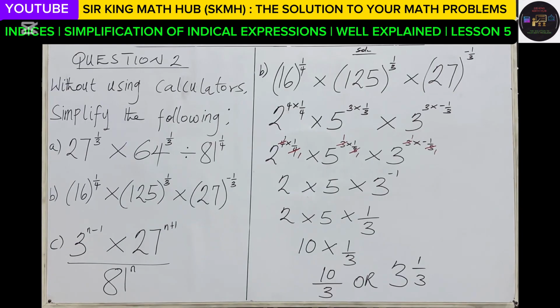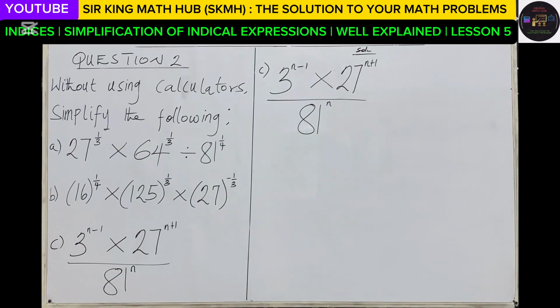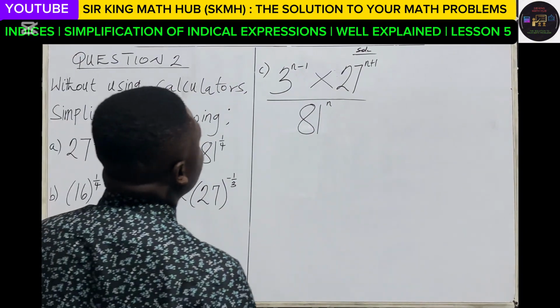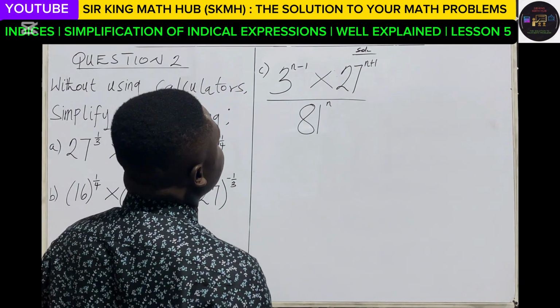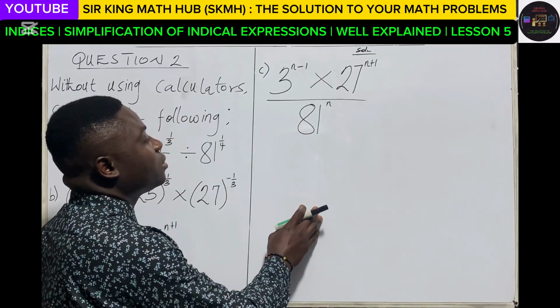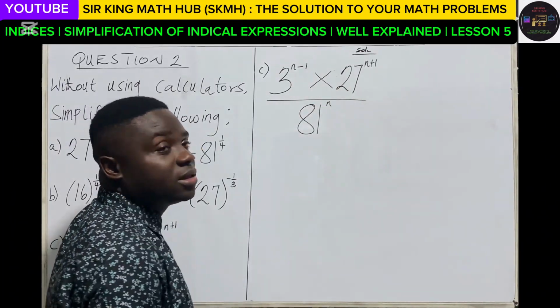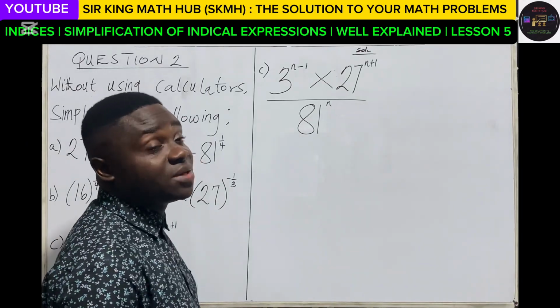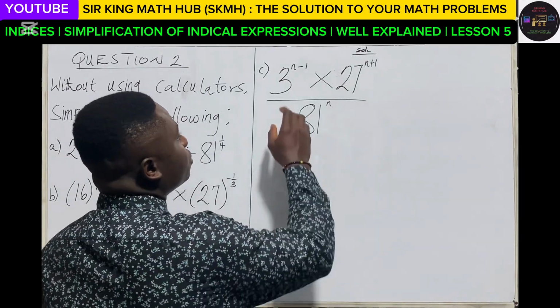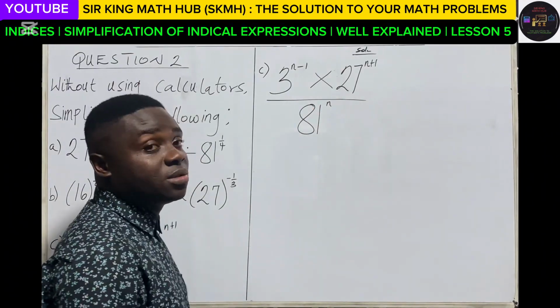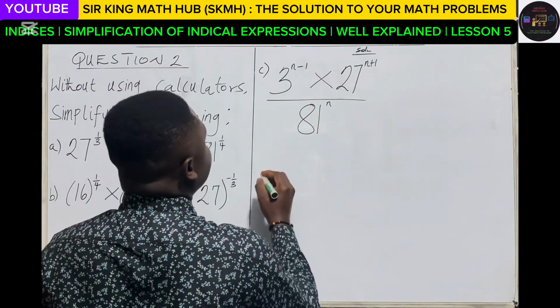Let's also look at C. With C, what we need to do is rewrite all the index expressions to have the same base. Consider the same base will be base 3. So let's begin.